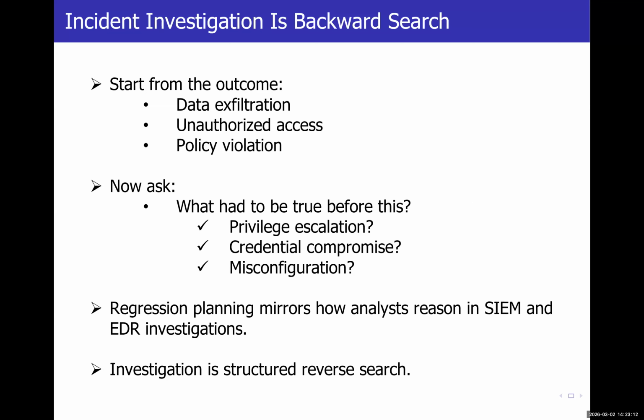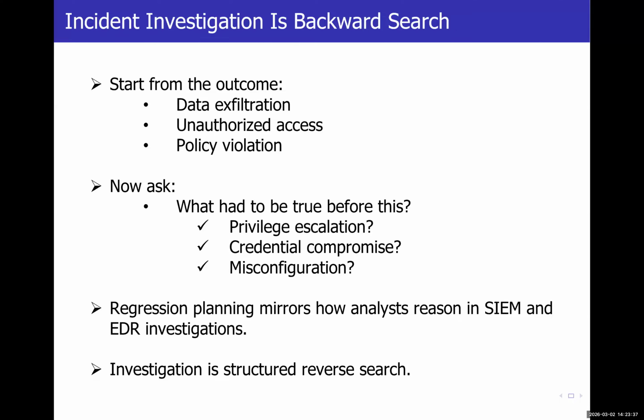Now think about how this mirrors cybersecurity investigation. When analysts detect data exfiltration or unauthorized access, they don't start from scratch and simulate everything forward. They begin with the observed outcome and ask what conditions had to be true for this to occur. Was there privilege escalation? Were credentials compromised?